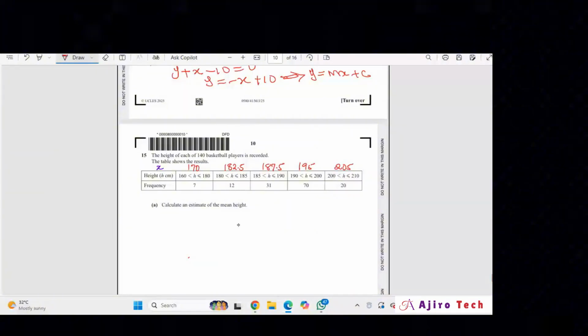Why am I doing this? I'm doing this because the formula for my mean is this: summation of f of s all over summation of f. So I'm going to do summation of f of s now. F of s is going to be 170 times 7 plus 182.5 times 12 plus 187.5 times 31 plus 195 times 70 plus 205 times 20.